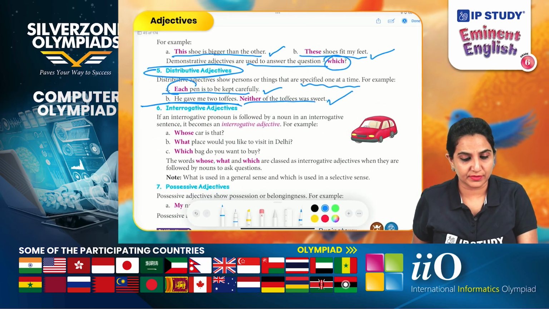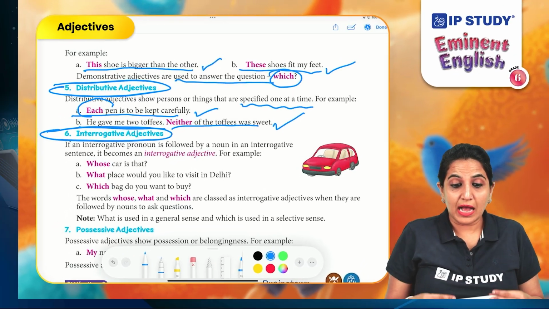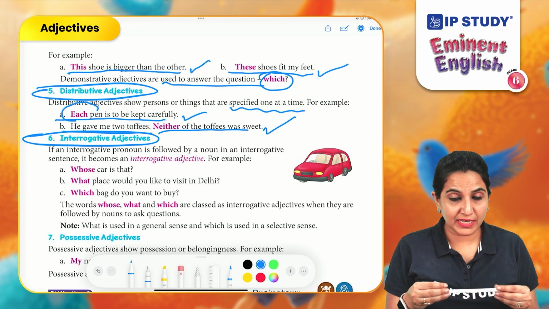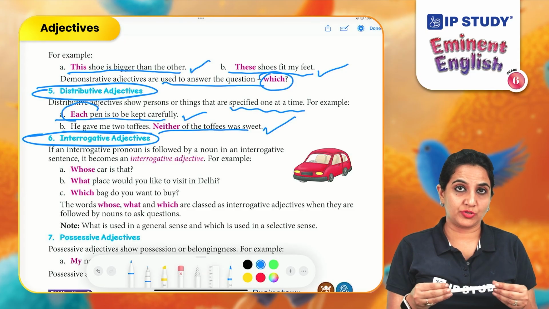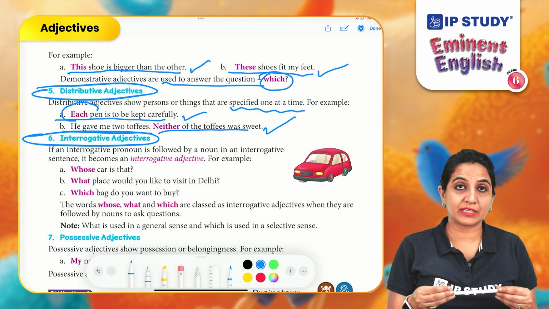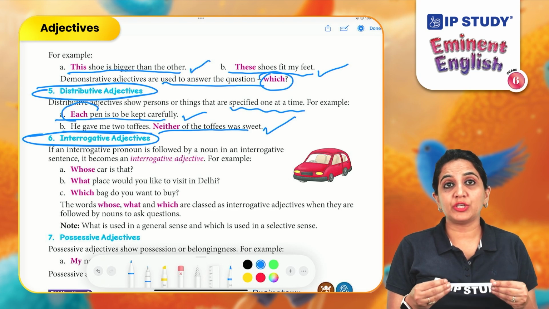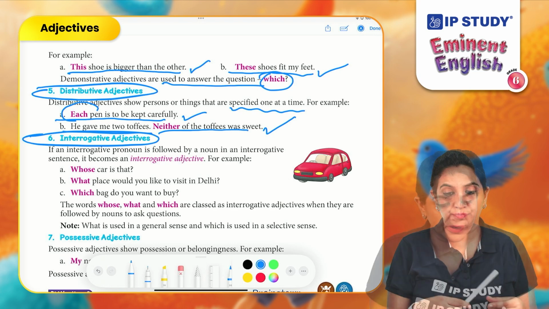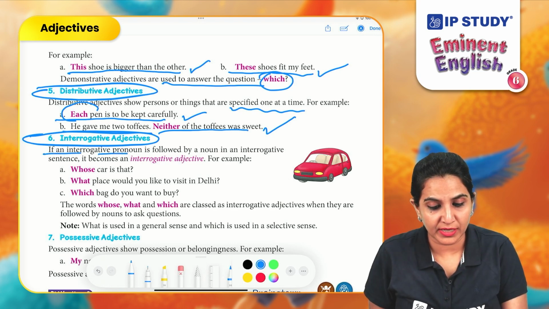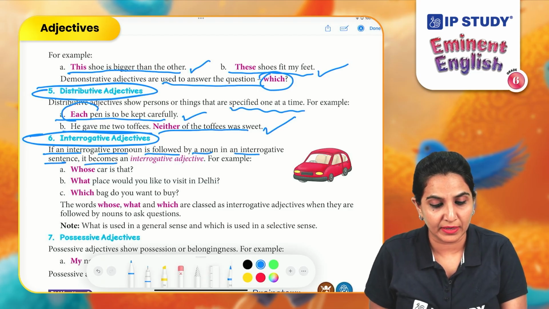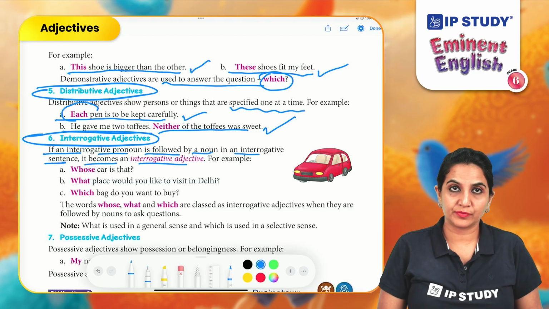Interrogative adjectives. Interrogative adjectives are those adjectives which help us to ask a question. That means they give us the describing words which we can use to ask a question. If an interrogative pronoun is followed by a noun in an interrogative sentence, it becomes an interrogative adjective, right?